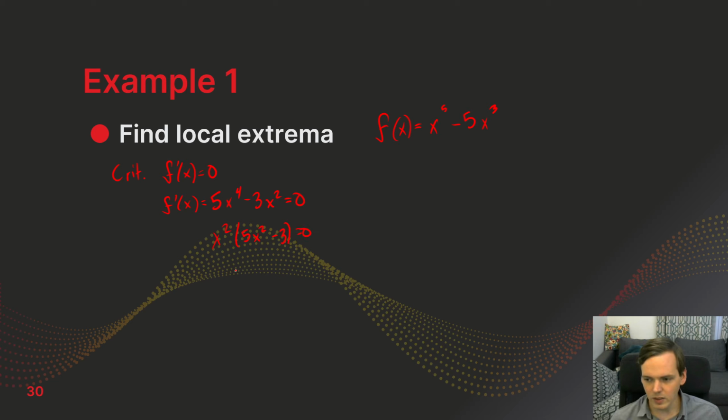And so that gives us critical points at x equals 0 and plus or minus square root of 3 over 5, right? Did I make a mistake here? I did make a mistake here.